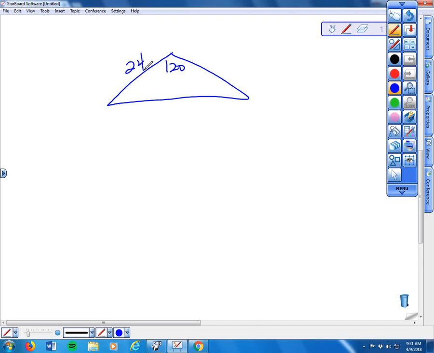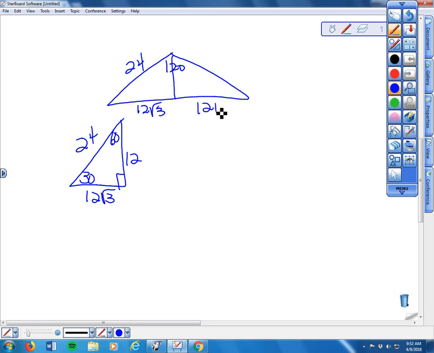So I could break this into, this would be 60, right? If I just split this in 2. This is 30. So the side opposite the 30 is half the hypotenuse. And the side opposite the 60 is that. So I know this whole thing is 12 square root of 3, which means this is 12 square root of 3.